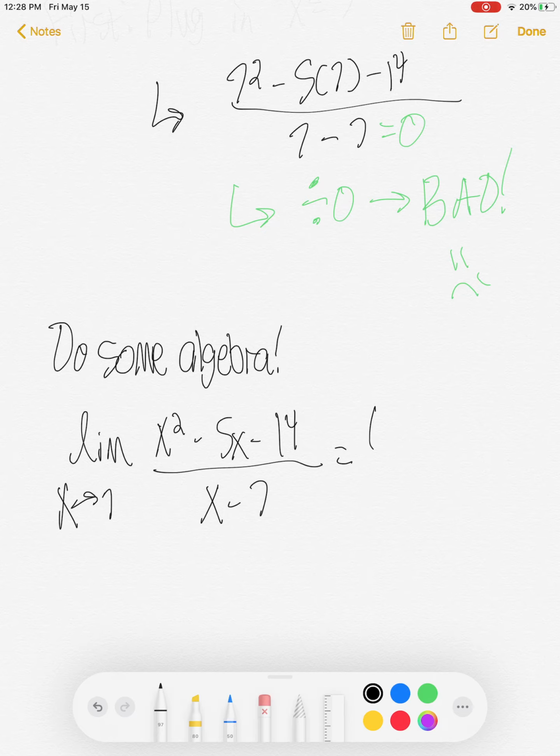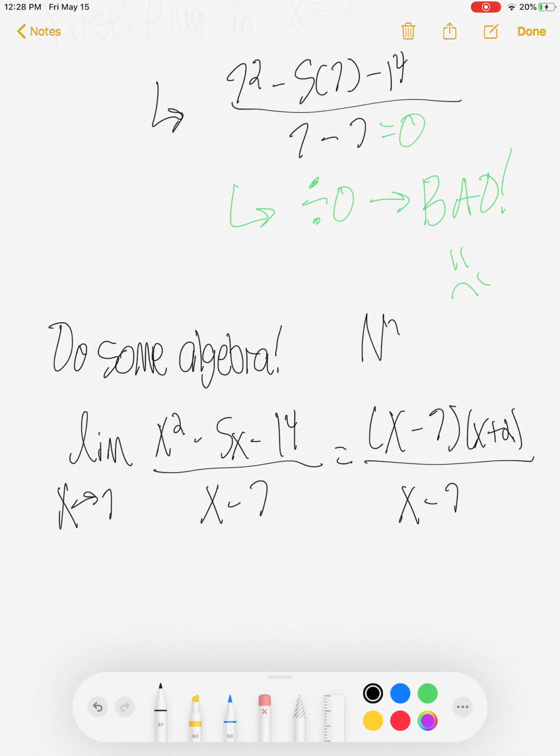So we can factor this numerator as x minus 7, x plus 2, over, now I just have x minus 7. This is not true what I've written here. The factorization is correct. That is a correct factorization of the numerator. And so these two things, the two things I'm going to circle here in yellow, these two things are equal.